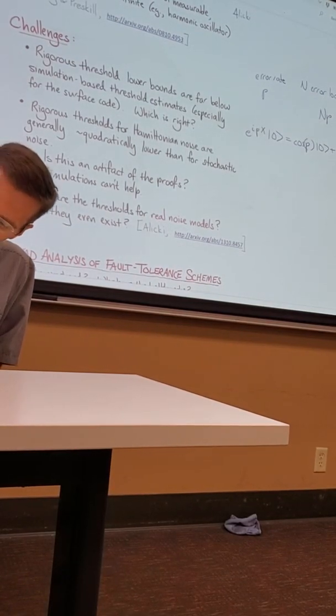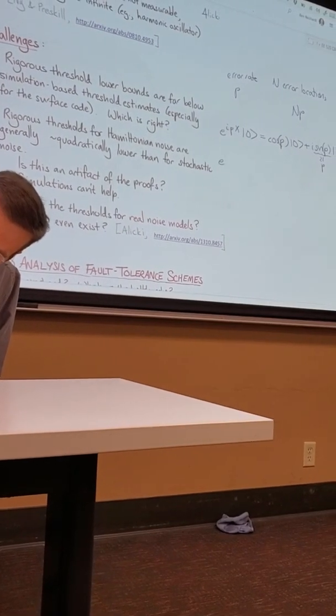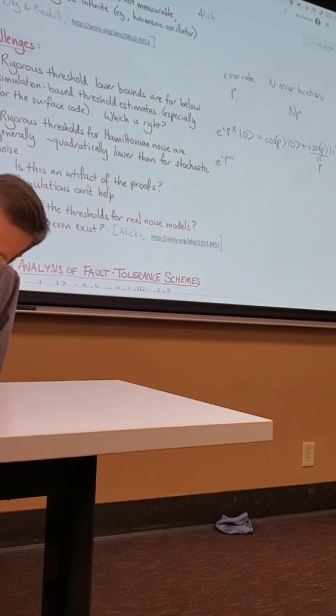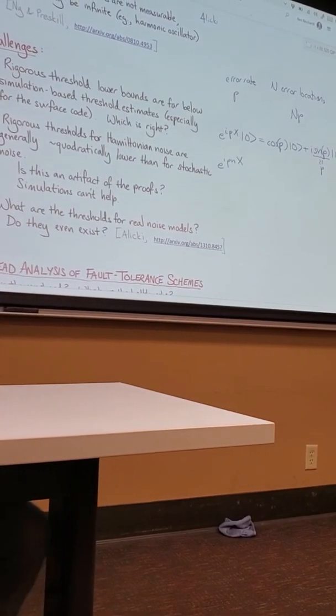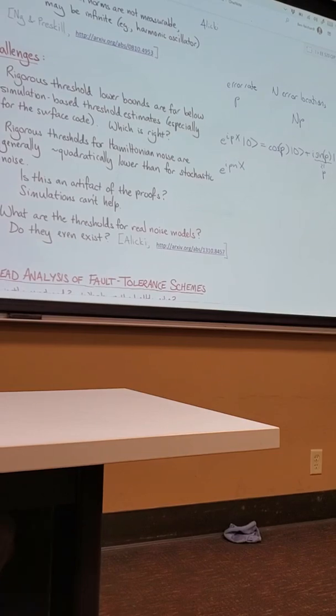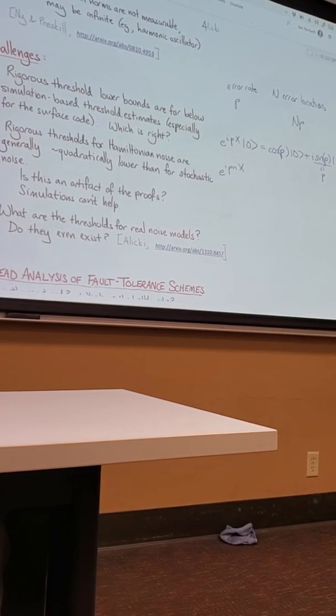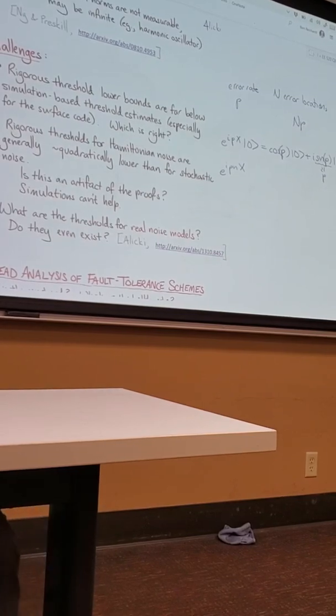Now let's say I have n of these locations, and maybe n of them occur one after the other, so I get e to the i p x, n times. It will be the same thing, right?